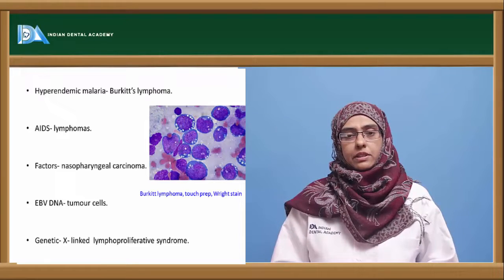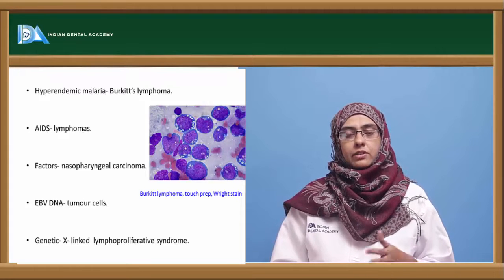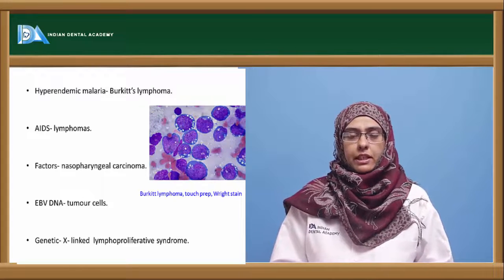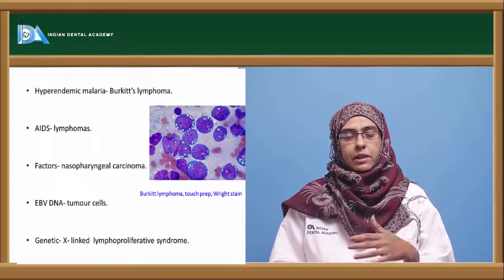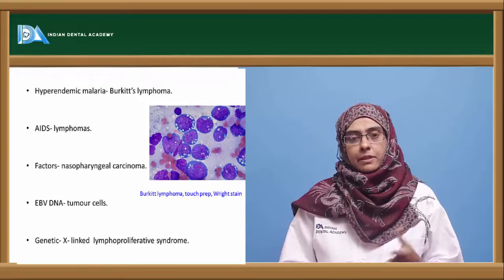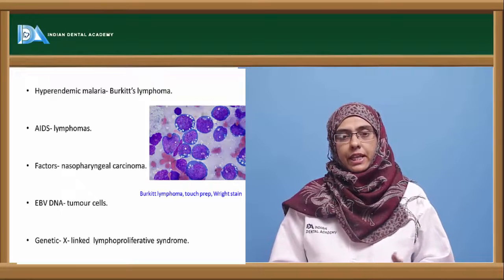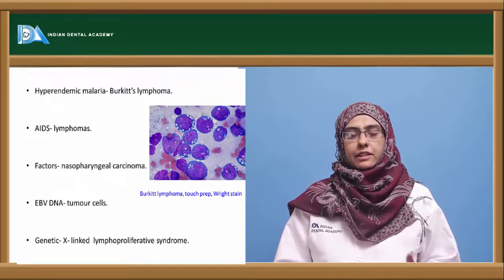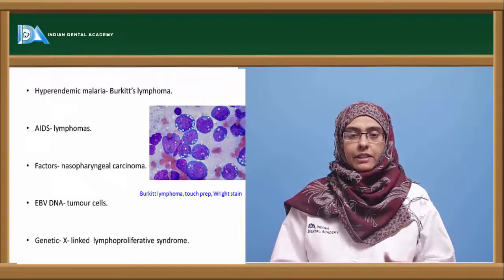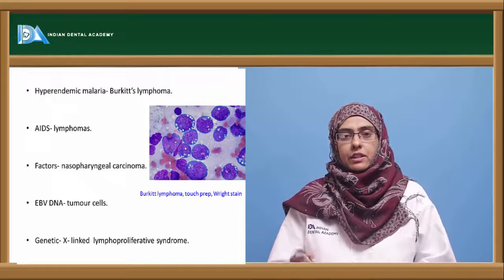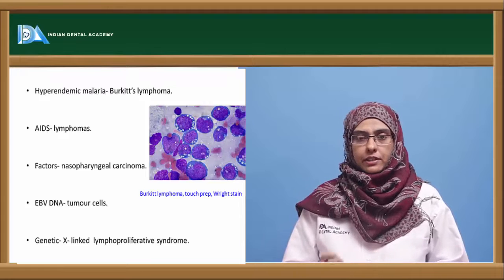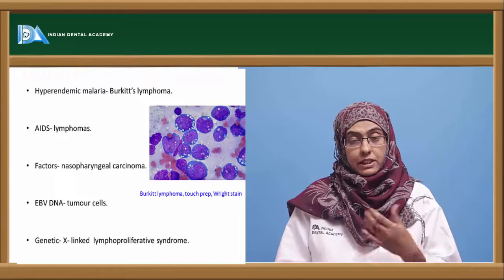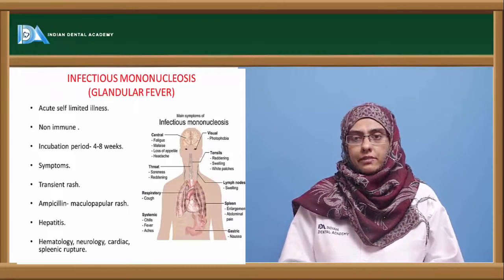This organism is usually seen in the tumor DNA, and antibodies directed against it can be easily demonstrated. The best example to indicate that the factor involved is genetic is X-linked lymphoproliferative syndrome, which is called Duncan syndrome. These individuals are more prone to EB viral infections.